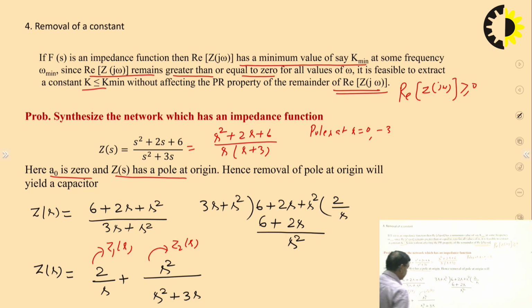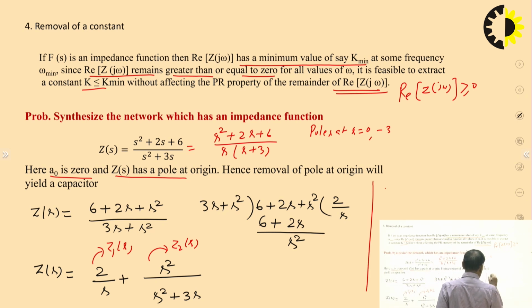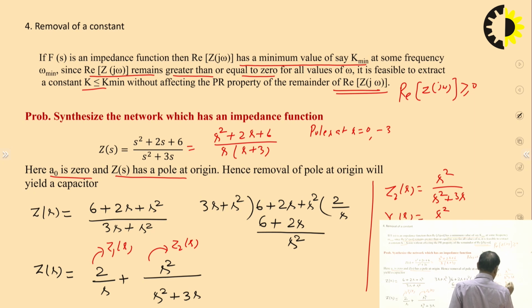Now look here, Z2(s) is s square upon (s square plus 3s). So it can be written as Y2(s), just simplify it, (s square plus 3s) upon s square. So it is 1 plus 3 by s.